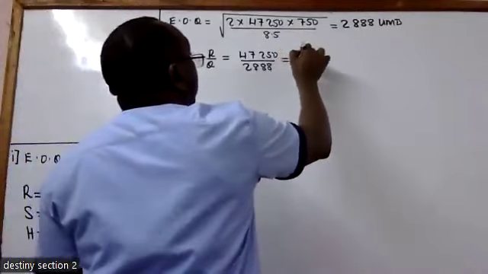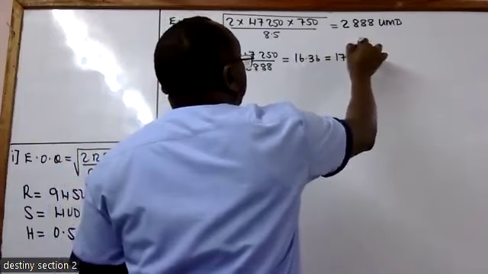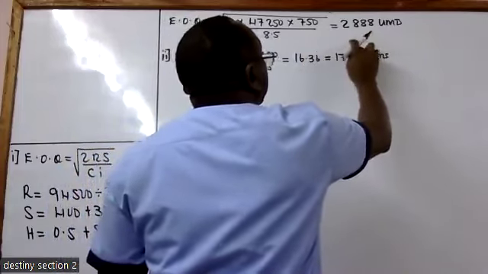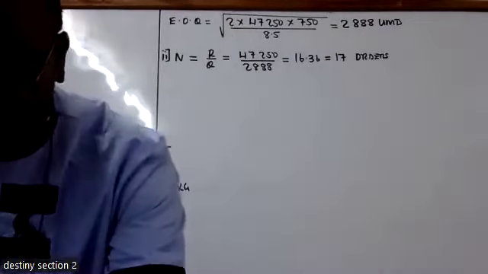So this 16.36, we normally call it 17 times or 17 orders. So we are going to do 17 orders.